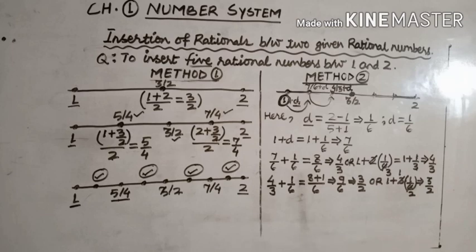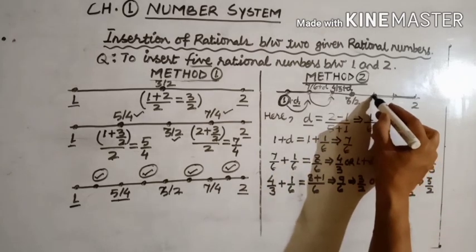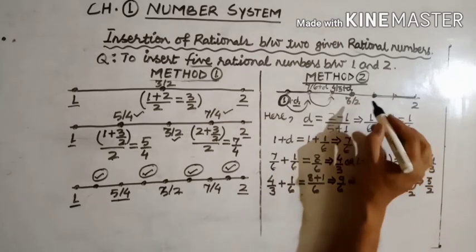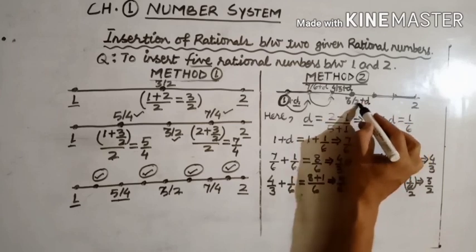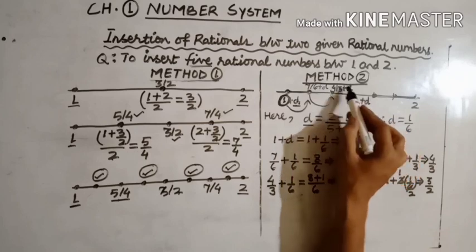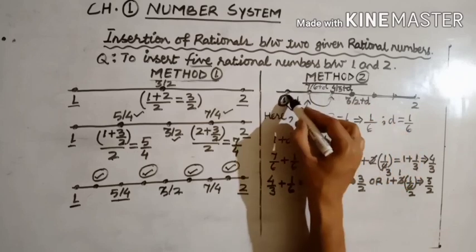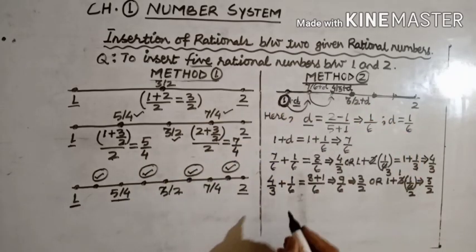So in the same manner, you can find the rational number after 3 by 2. Let's add D to 3 by 2, or 1, 2, 3, 4, 4D to 1.